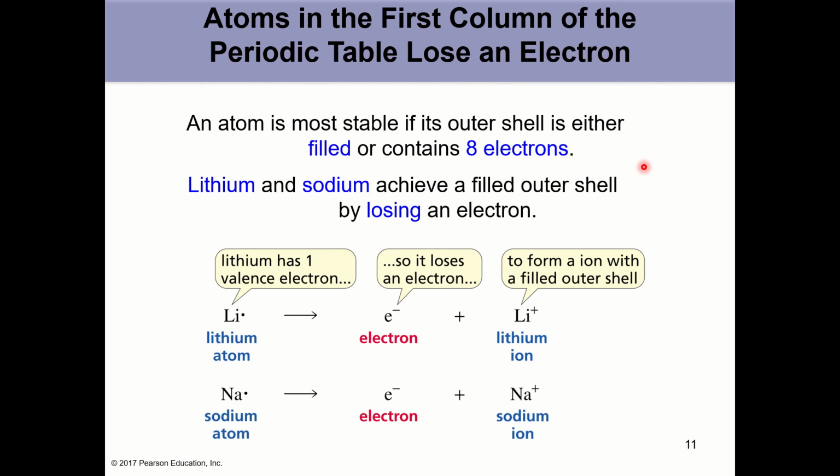So we lose 1 electron to become like the noble gas on the previous row. So lithium, which is in row 2, becomes like helium in row 1. So it will become like the noble gas helium, in terms of number of electrons.